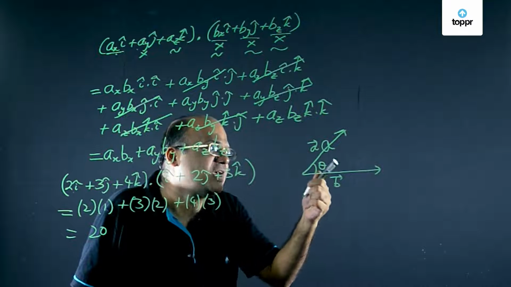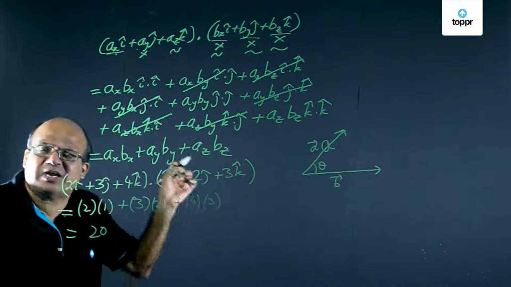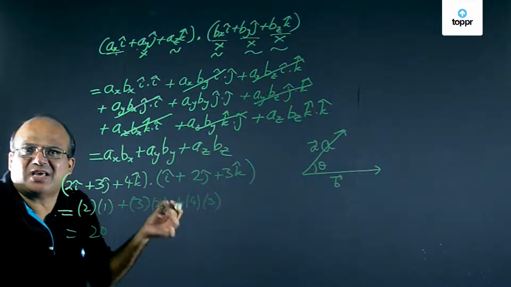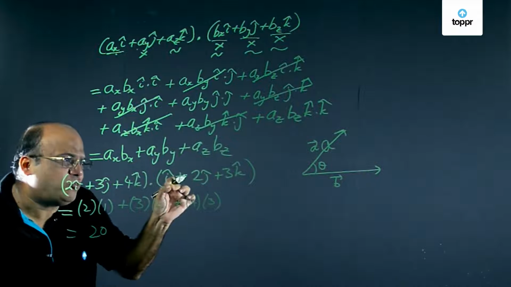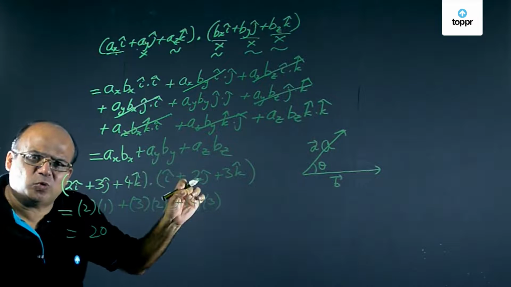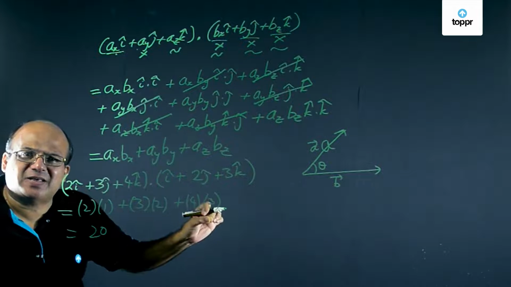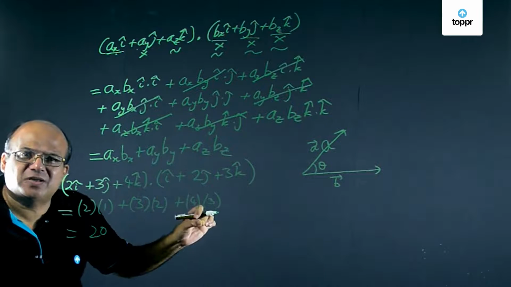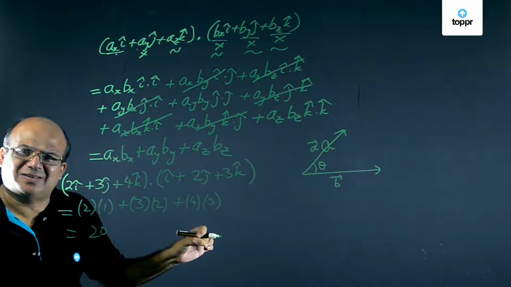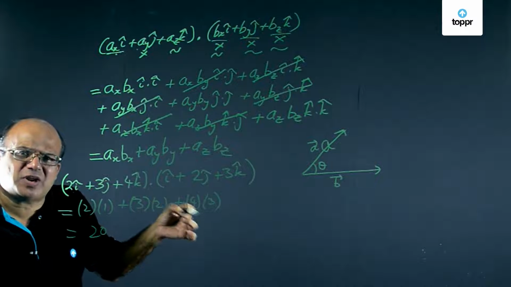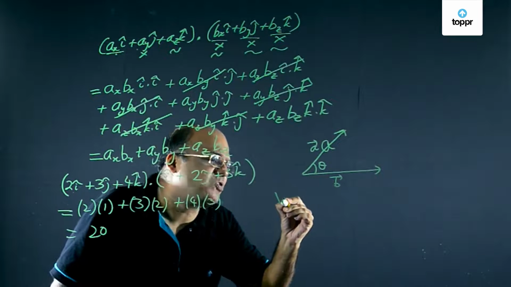So therefore the component of A along B will be A cos theta. And A cos theta, if you multiply with B, we get AB cos theta, which is A vector dot B vector. Therefore, dot product is equal to the magnitude of one vector multiplied by the scalar component of the other vector in the direction of the first vector. This is how we find work. What is work? Work is the dot product of force and displacement.